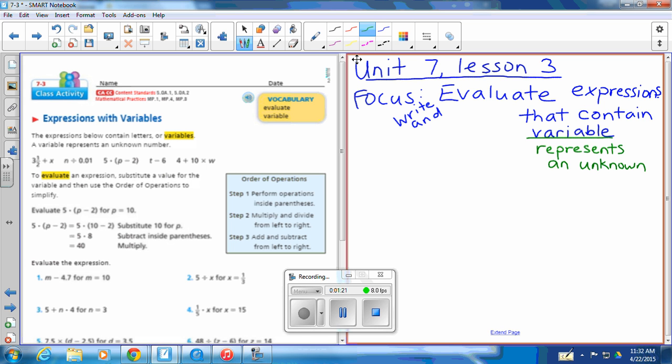Okay. When we evaluate today, I'll draw an arrow down here, we're going to substitute a number for that variable. And then simplify like we did yesterday.